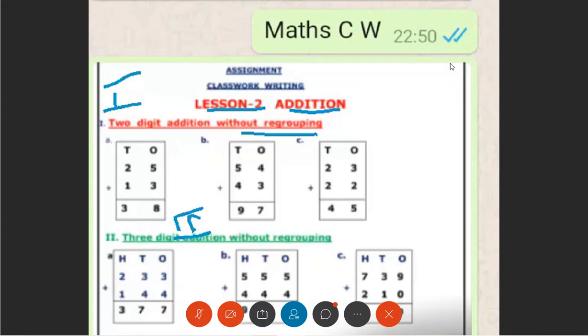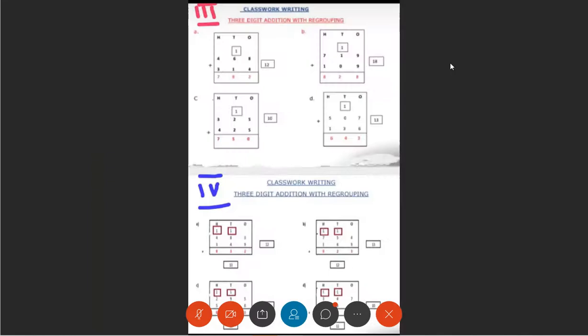Okay, next, all this you are going to receive. Next one is Roman letter 3 and 4. So in Roman letter 3, already we have discussed regrouping in ones.